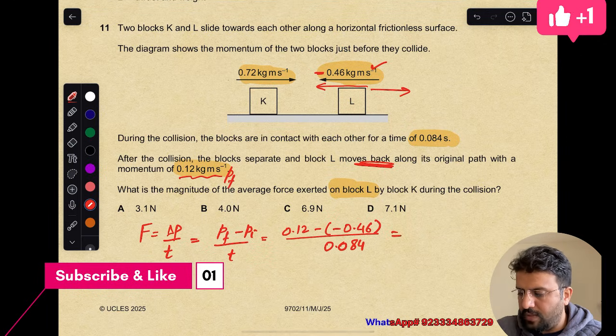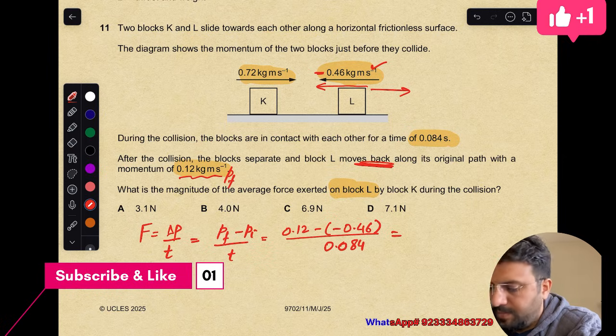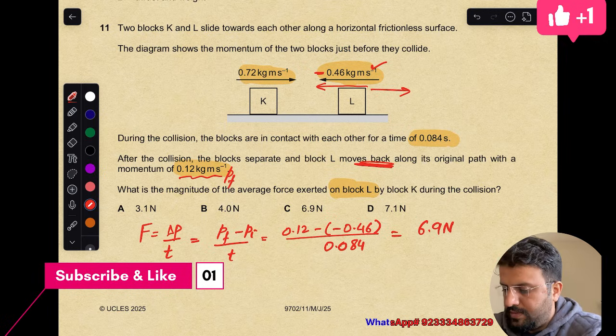When we do the calculation, it is 0.12 plus 0.46, because minus will add up, that will give us 0.58 divided by 0.084, that will give us 6.9.